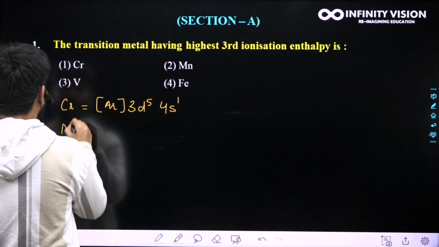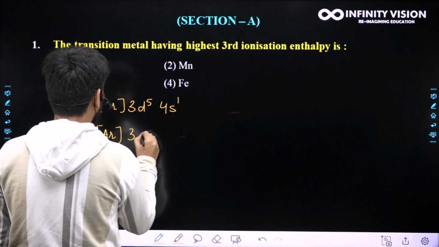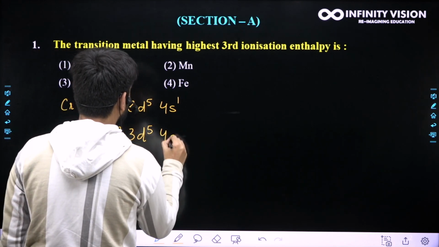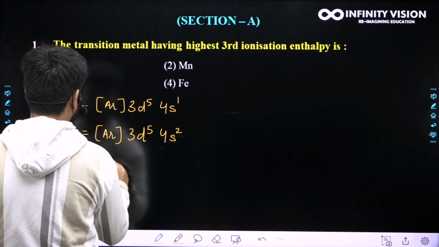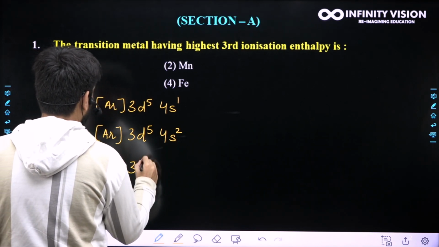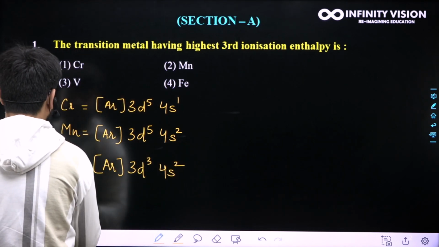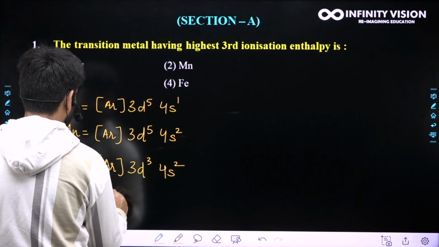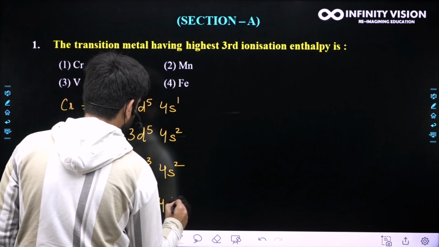Then we have manganese, which is argon 3d5 4s2. Then we have vanadium, which is argon 3d3 4s2. And finally we have iron, which is argon 3d6 4s2.